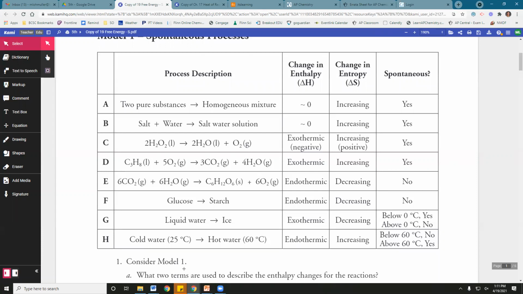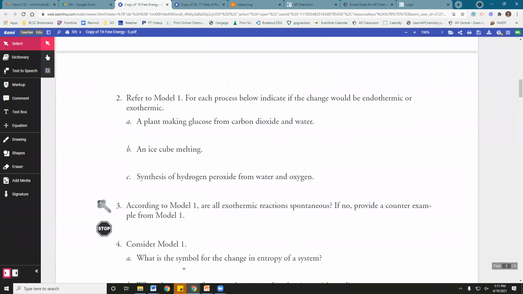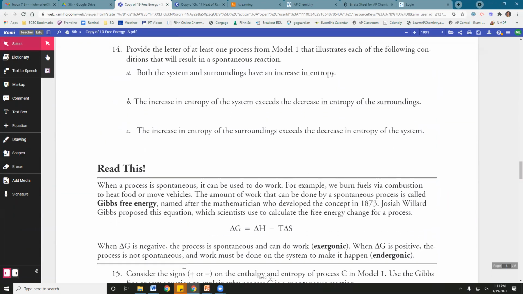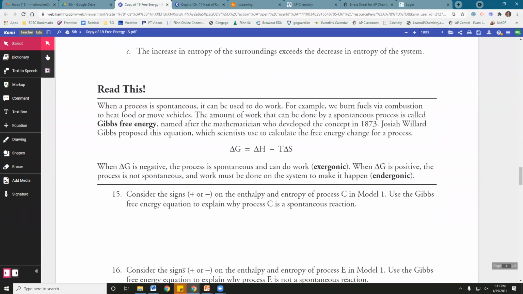Now, those get related. If you go to page 4, there's this equation that gives free energy. It relates together the enthalpy, the heat information, with the entropy information, where you can predict what's going to happen for a reaction, if it will spontaneously happen or not, using values for all of this information.